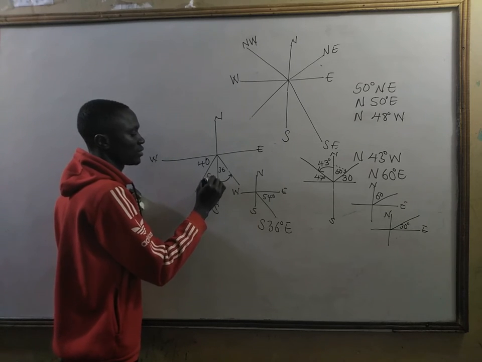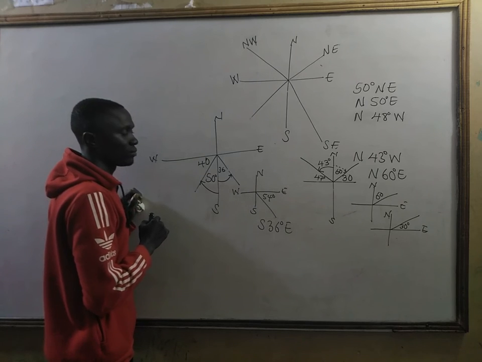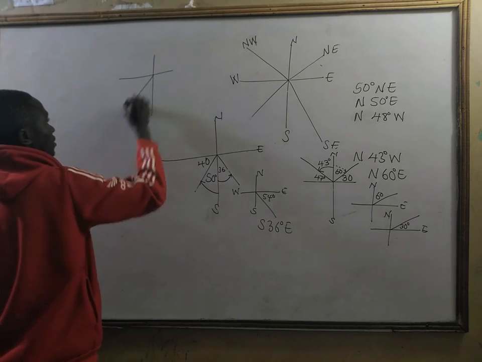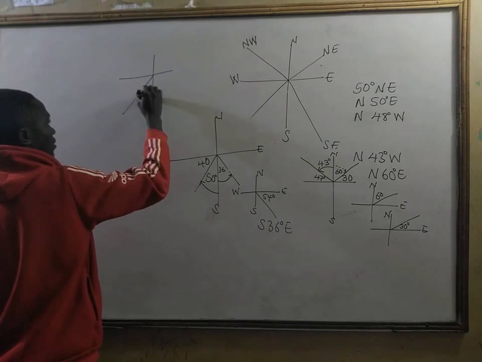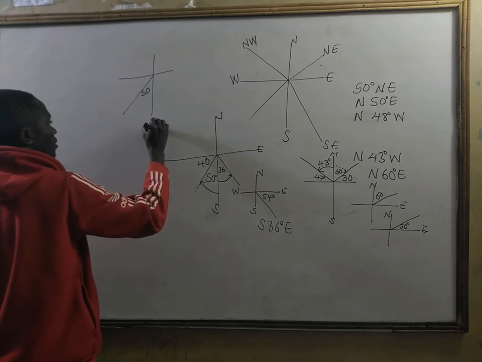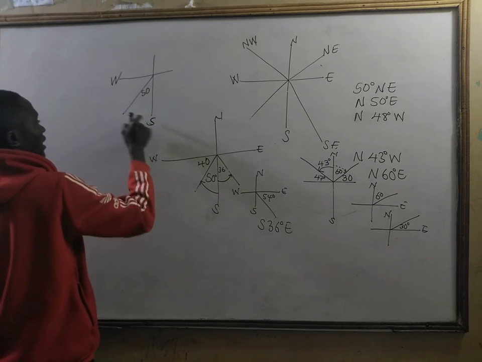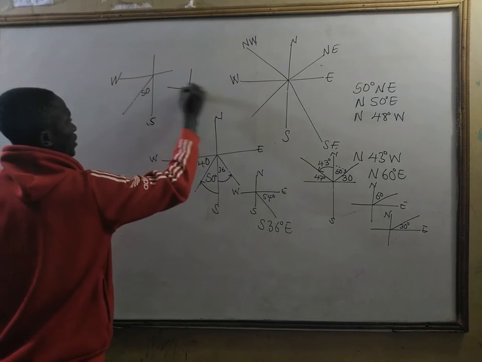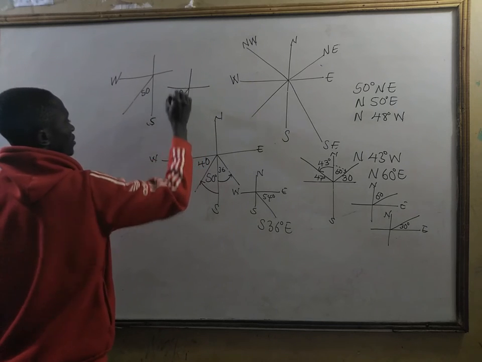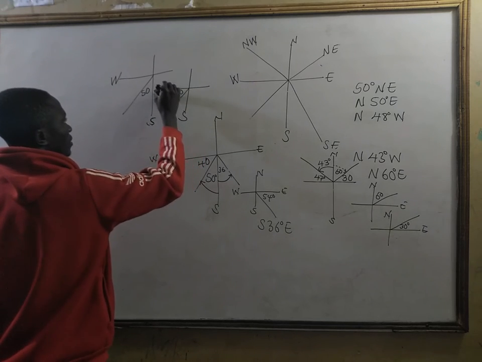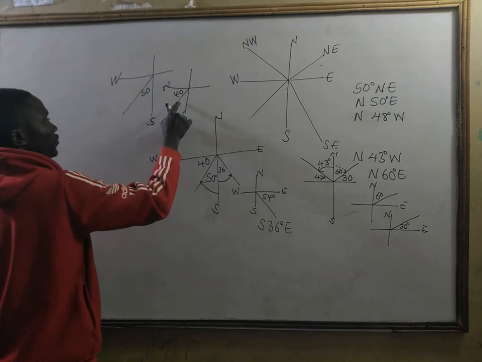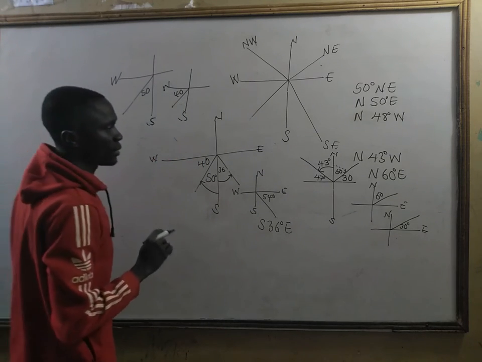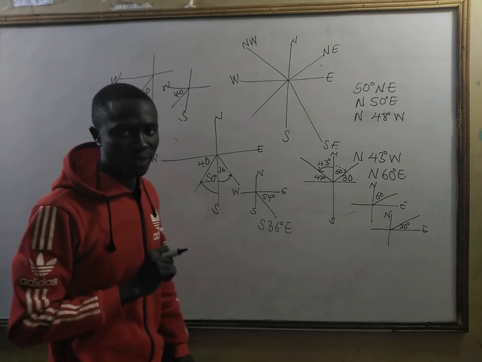So this angle is 50 degrees. I can draw it like this, that is south 50 degrees west, or I can draw it like this, which is also south 50 degrees west, because I don't need this angle, I need this angle in terms of compass bearing.